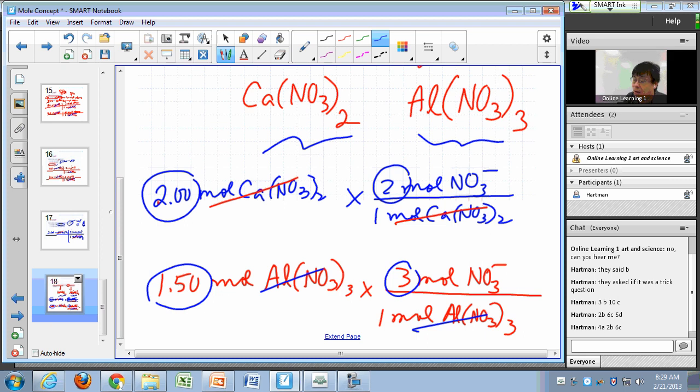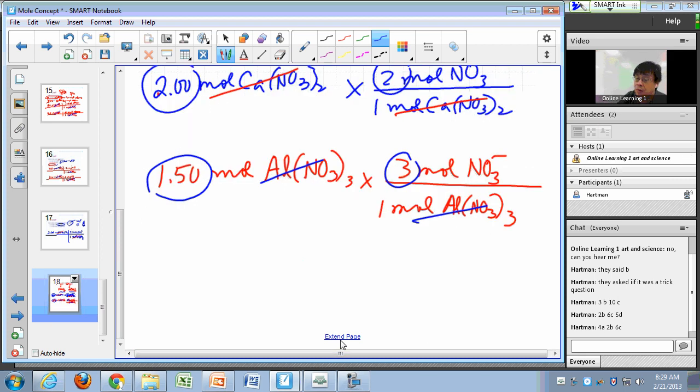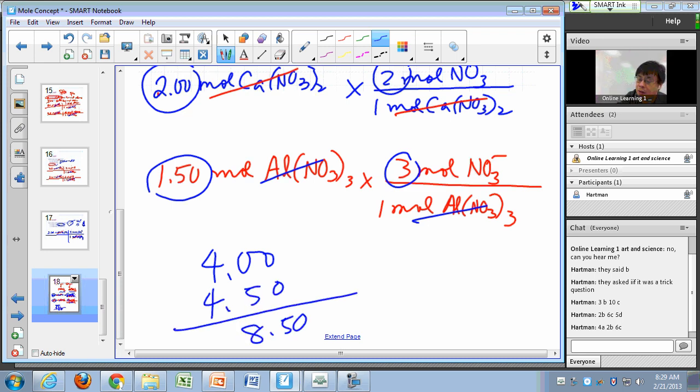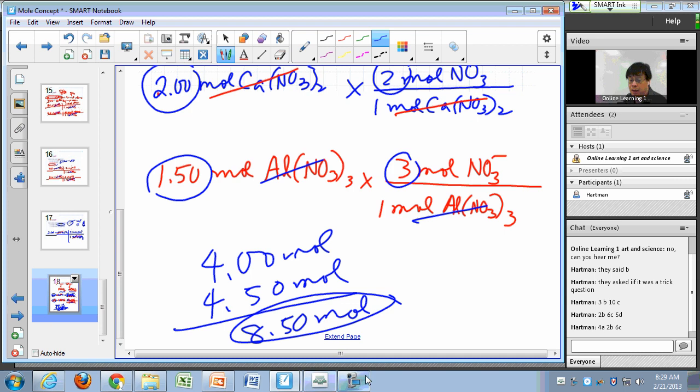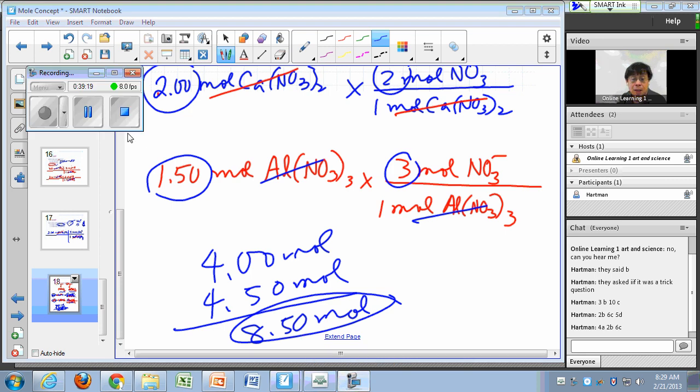So 4.00 plus 4.50 gives you a total of 8.50 moles of nitrate ions. So 4 moles comes from calcium nitrate and 4.5 moles comes from aluminum nitrate. And so that is the mole concept. It's all about counting. Okay, so I'm going to go ahead and stop this recording.